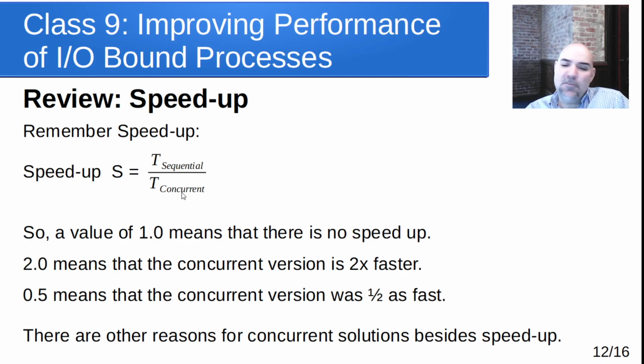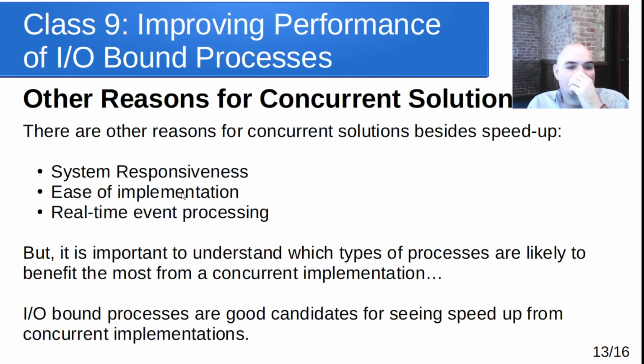And besides speedup, there are other reasons for using concurrent solutions. For example, system responsiveness. As you're using Windows and you move your mouse, you want to see that thing move around the screen. When you click something, you want to see an action get taken. And I'm sure that everybody in here has run into problems where the system responsiveness has suffered for some reason, like you click to open some document and it doesn't open right away. And so you click again and it doesn't open. You click again and you're like, what is it doing? It's not opening.